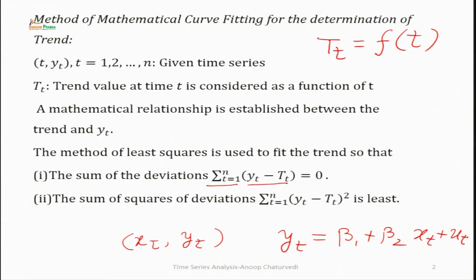So, we use the method of least squares. Here x t is equal to t. So, you get this kind of pair of observations t, y t, but otherwise the method is precisely the same. We minimize the sum of squares of difference between y t and T t.